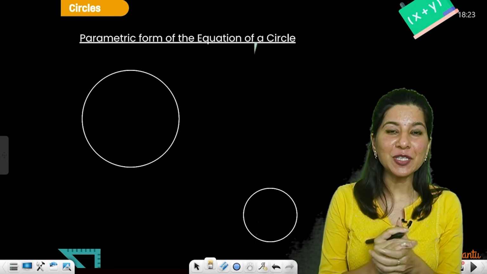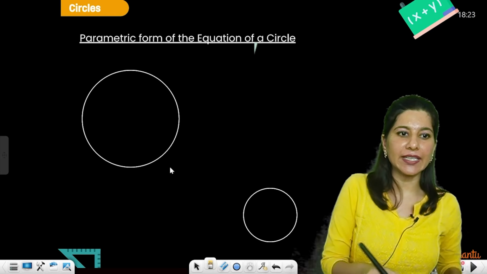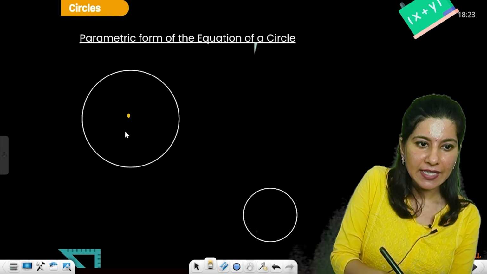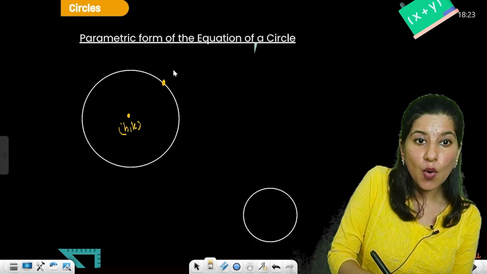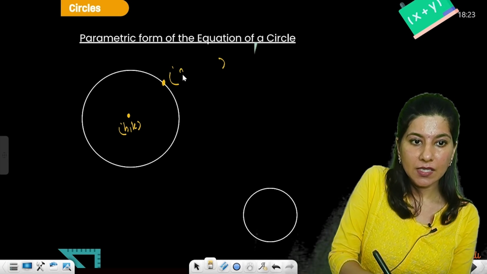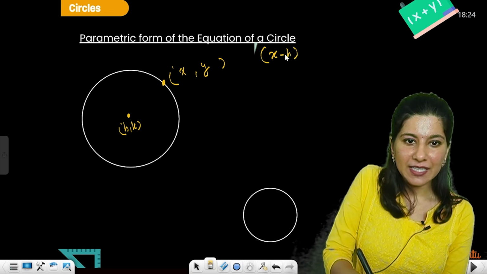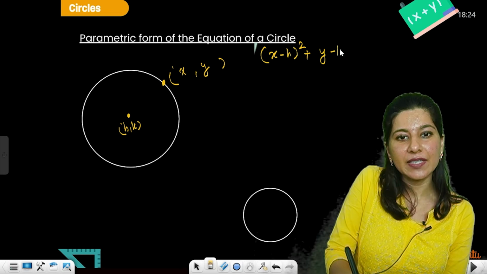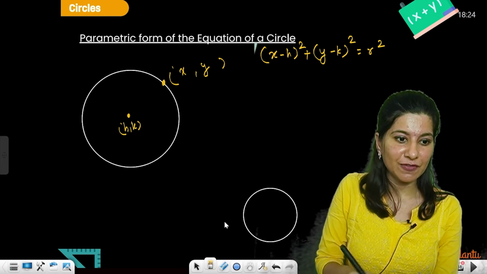Now let's talk about parametric form of equation of a circle. Let me write a general equation of a circle. Center is h, k and a general point on circle is x, y, right? So the equation is x minus h whole square plus y minus k whole square equals r square. But what about the parametric form?